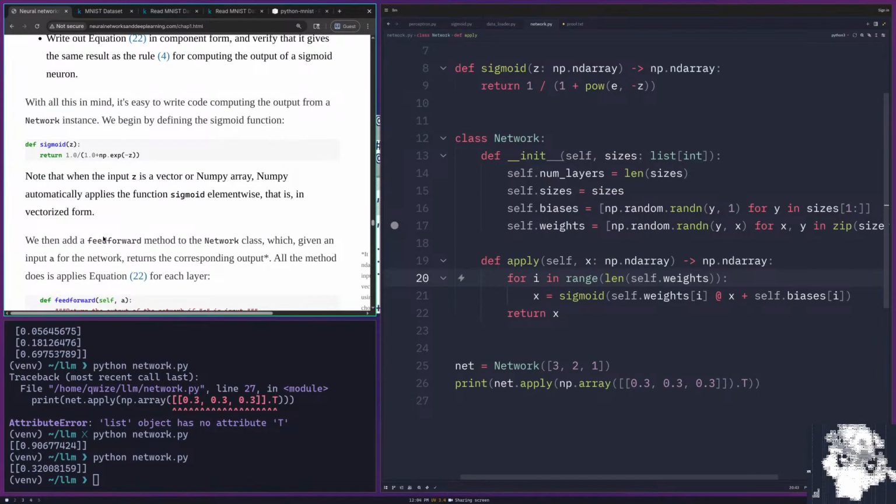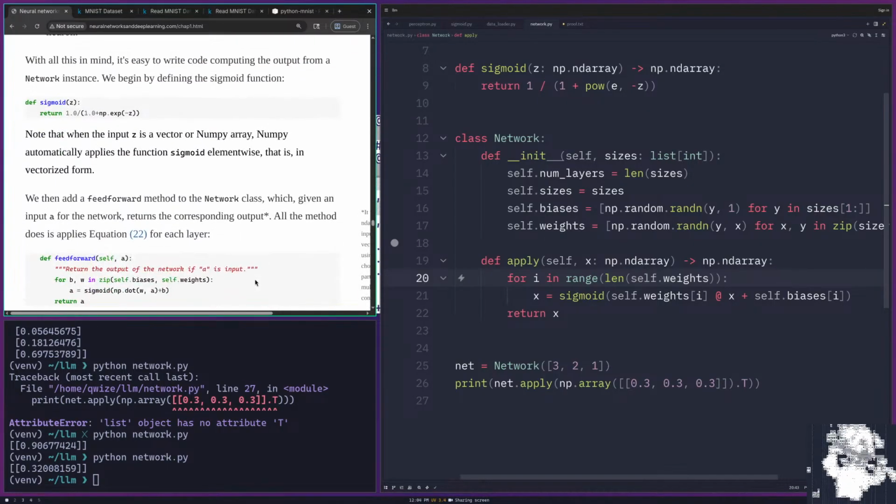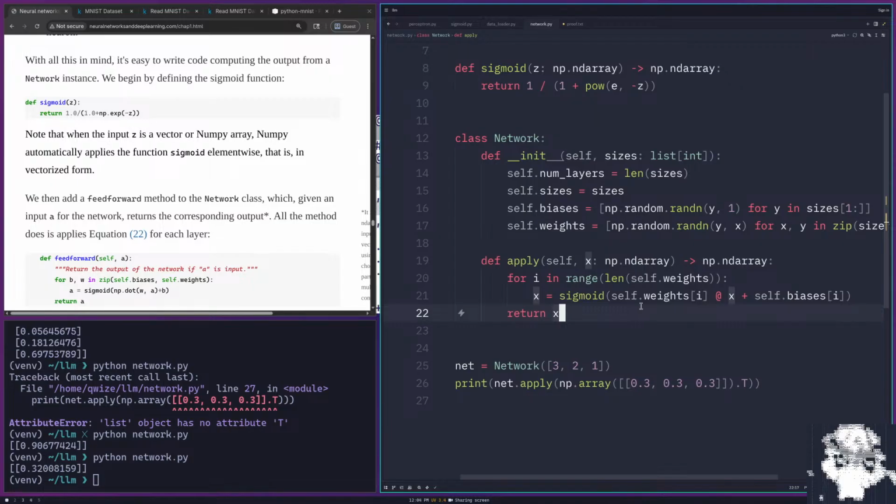We then add a feed-forward method to the network class, which, given an input A for the network, returns the corresponding output. That's what we just did. All the method does is apply equation 22 to each layer. Yes. Okay, they used dot instead of the at symbol. They zipped the biases and the weights, which is actually a nicer way to do it than what I did.